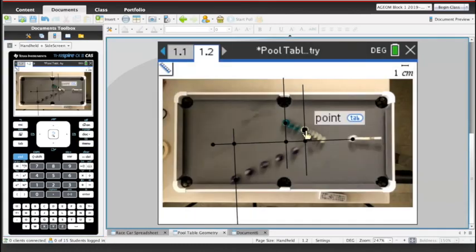So the magnitude of this vector, that vertical vector, is 1.45. The length or magnitude of this vertical vector is 2.45, disregarding the centimeters. And the length of this vector is 4.75.